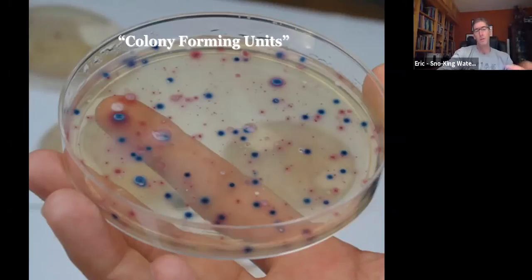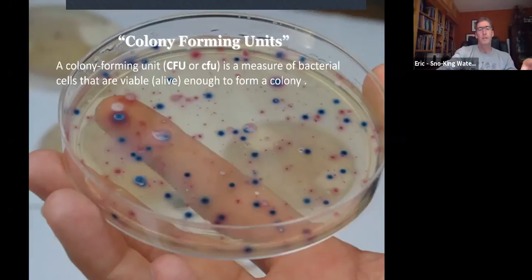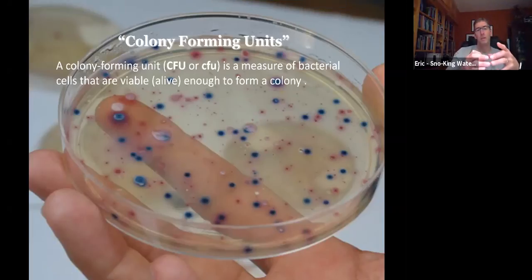And so what you do is, we'll talk about how you count them, but essentially you identify the number of those dots that are big enough for you to count and come up with a number of colony forming units. So again, a CFU is a measure of a colony of those cells that's viable enough to form a colony.